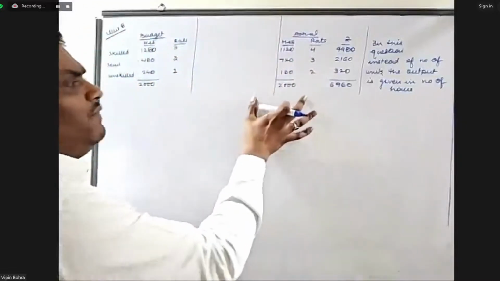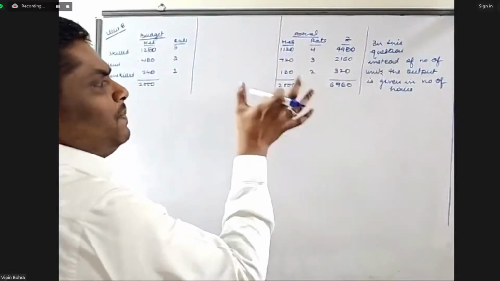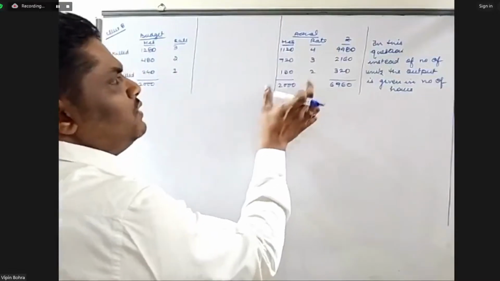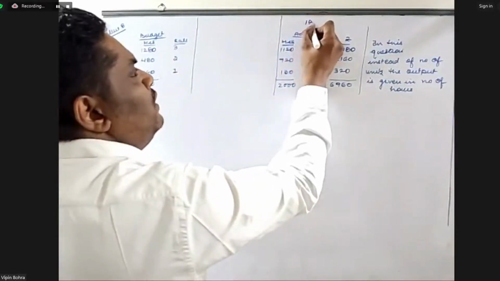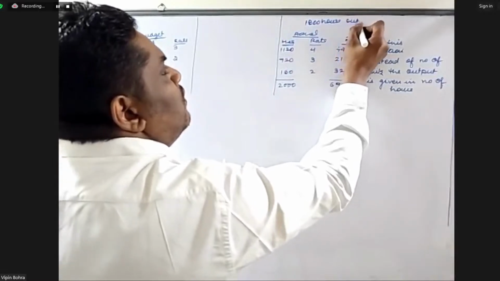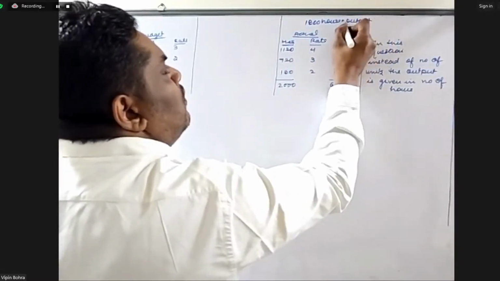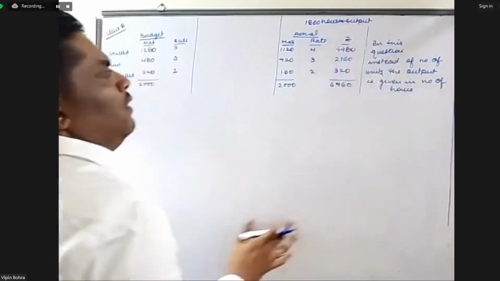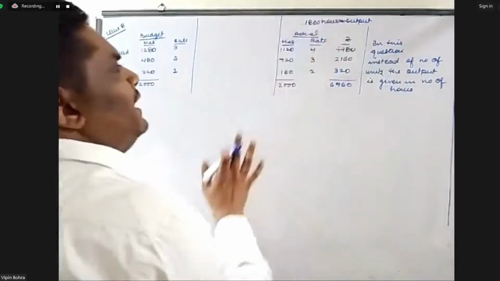So even though they worked for 2000 hours, they are getting an output of only 1800 hours as output.